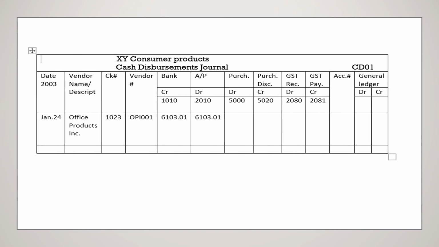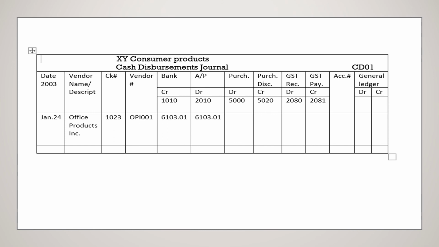So this is how your cash disbursement journal will look like. It's the date when the cash was paid out, the vendor name, which is office product, and then this is the check number if you are paying your vendor with a check, and then the vendor's number, bank. So this is where you record the amount that was taken from the bank.